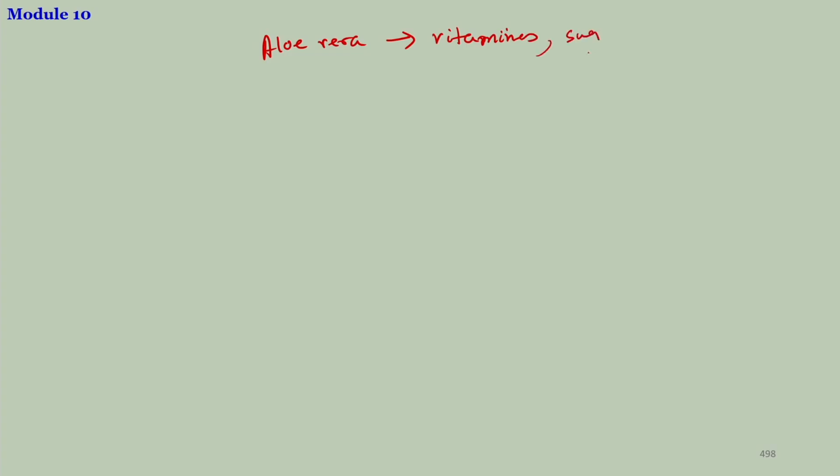It has sugars, meaning the carbohydrates. Very importantly, it has phenolic compounds. Phenolic compounds are very good antioxidants. It has proteins, peptides, among many others also.